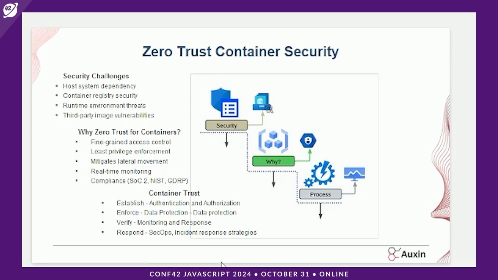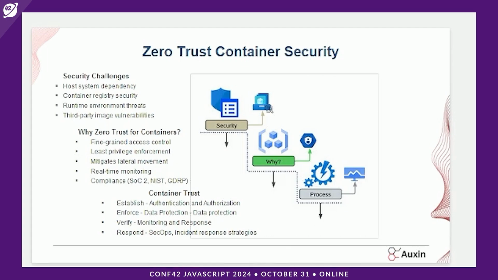Zero trust prevents attackers from moving between containers, enables monitoring of activities in real time, and helps meet security standards like SOC 2 and GDPR. The process involves establishing trust through authentication and enforcing it by protecting data, regularly verifying container activities, and being ready to respond to any threats.